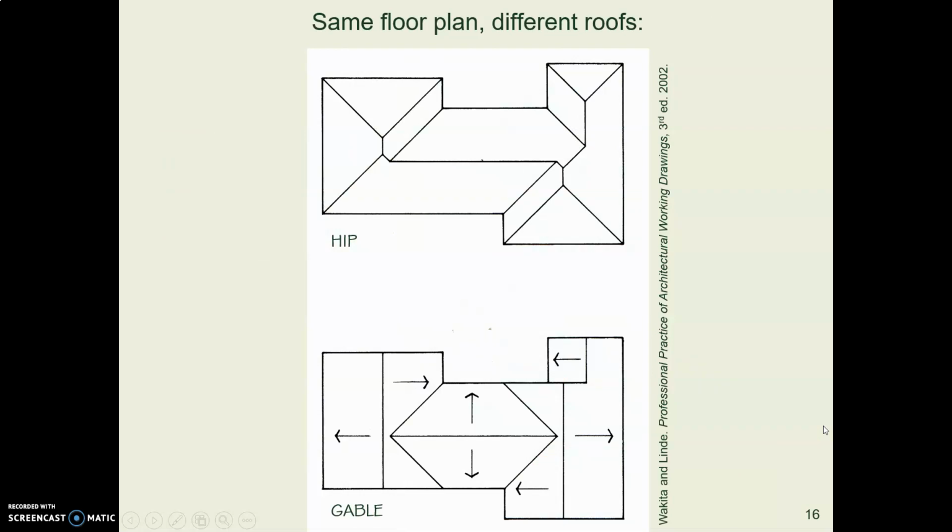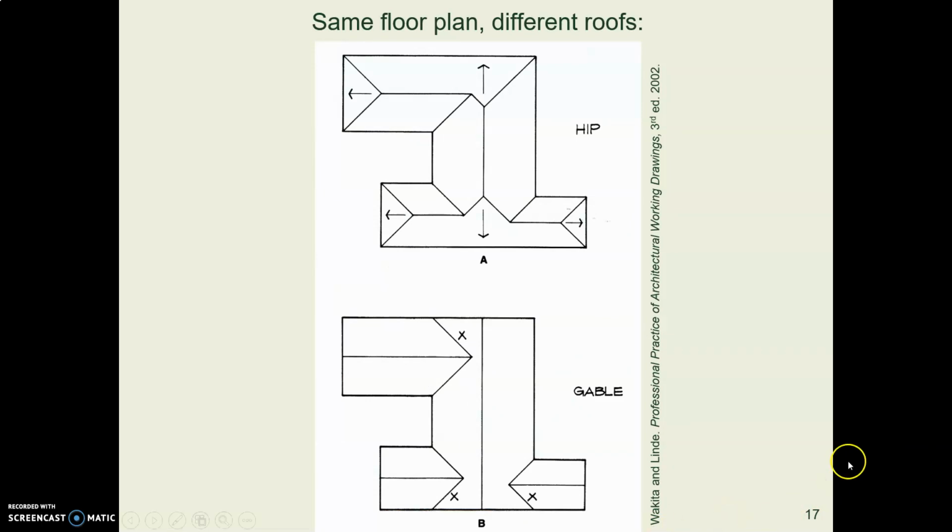Now we'll look at just a few examples of the same floor plan, but with different roof styles. So a floor plan that looks kind of like an H or a J or something, with a hip roof at the top, or with gable roofs at the bottom.